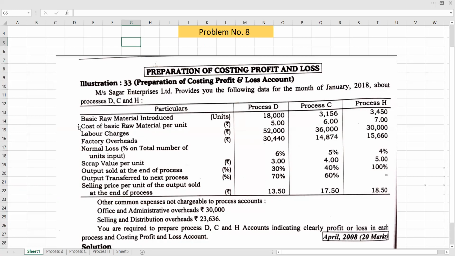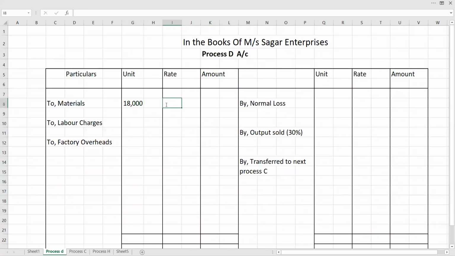The rate given here is 5 rupees. So rate 5. So how to calculate the amount? Units into rate. That is 18,000 multiplied by 5, and the answer is 90,000.